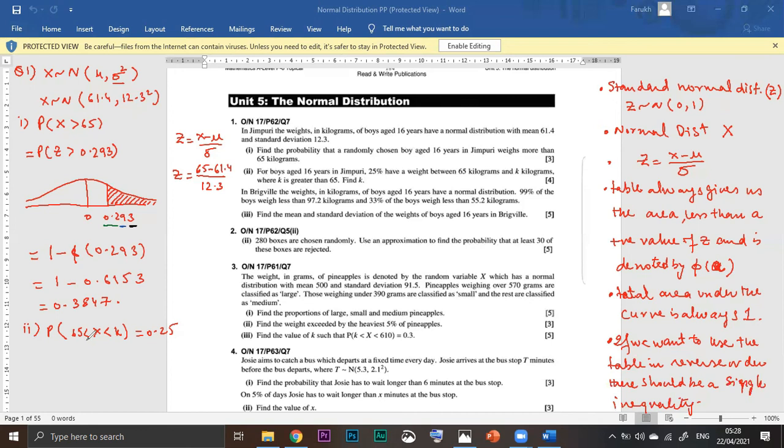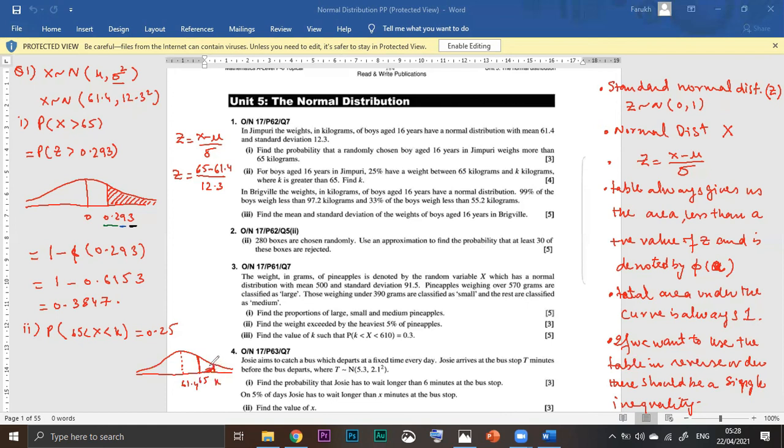Now, can you find what is the area less than 65? If we draw the diagram of this, the diagram is this. We will draw this diagram for x. The mean is 61.4. 65 is on the right hand side, and k is greater than 65, it is mentioned.